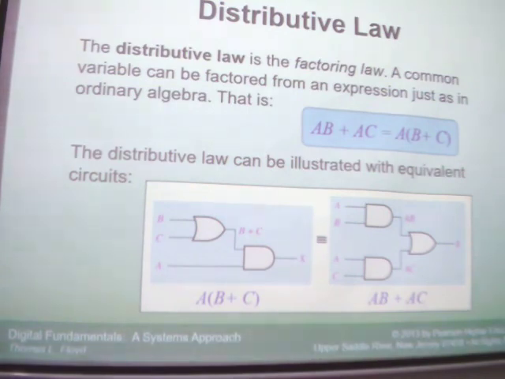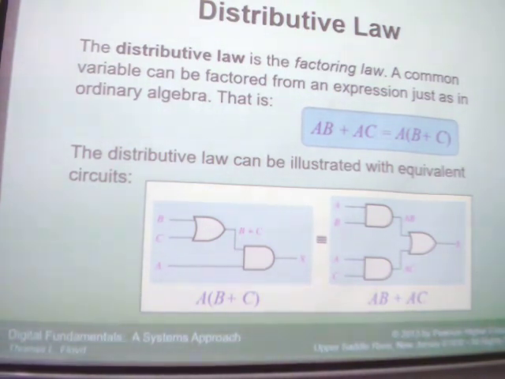So we know that A or A and B equals A and bracket 1 or B. We can write it like this: A and 1 or A and B.